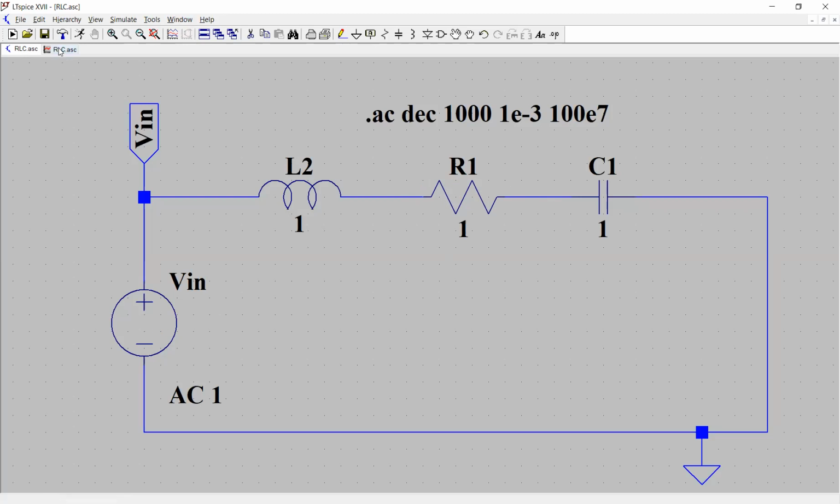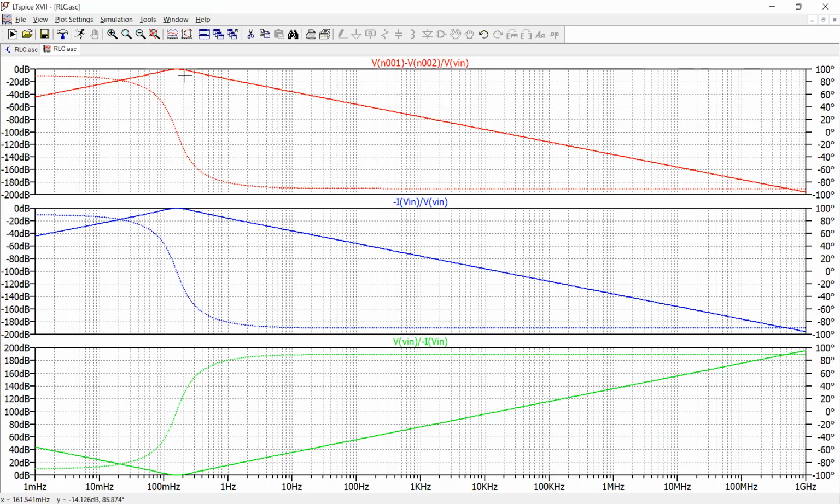So that's what this plot is about. Again, at resonance, it has a value of 1, and at omega equal to 0 or omega equal to infinity, the magnitude is 0. So it's a band pass filter, and the phase transition again is from +90 to -90. At resonance, the phase is 0 degrees. So let's see if it's matching with the theory.